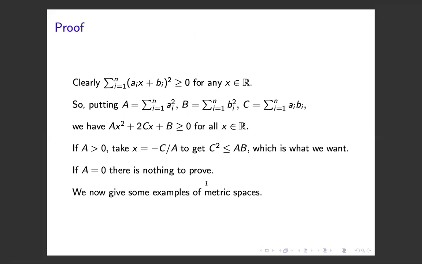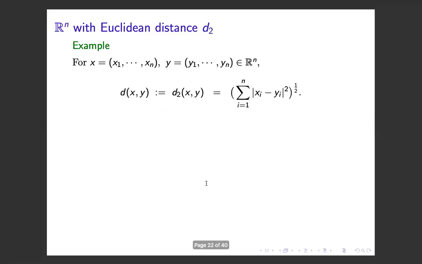Now we start with the examples. Of course, the very first example is Rn with the Euclidean distance d2. That 2 here signifies that on the right side we are taking xi minus yi squared, summing over i and taking the square root.